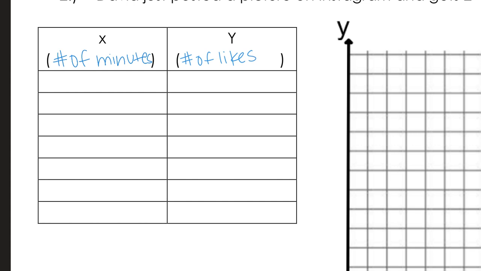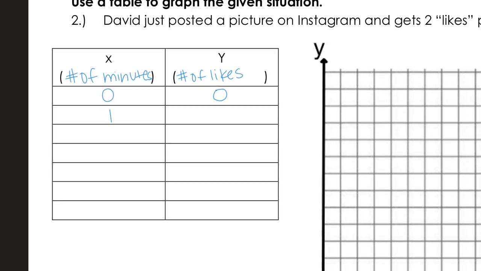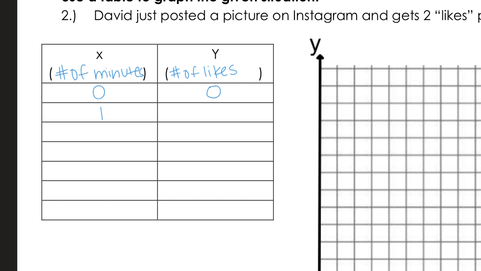So when I first post the picture at 0 minutes, I don't have any likes yet because I just posted it, so it's at 0 and 0. And then after 1 minute, it said we get 2 likes for every minute. So 1 minute, we have 2 likes.